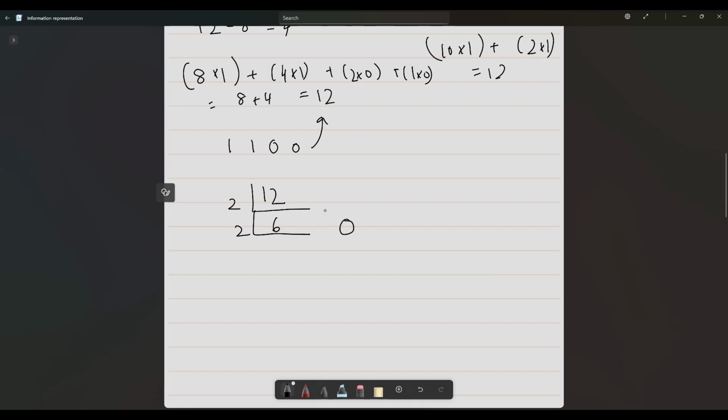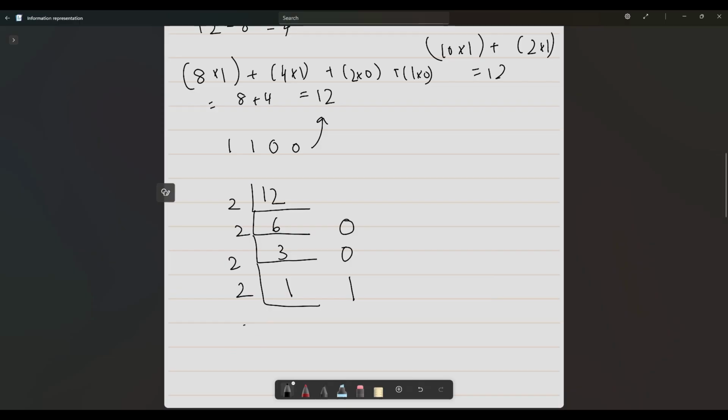Don't leave out the first digit; start from the next digit when you divide. Again, divide by 2 and you get 3, and the remainder is again 0. We have to do successive division by 2. If you divide by 2 again, the answer is 1, and the remainder is 1 as well.